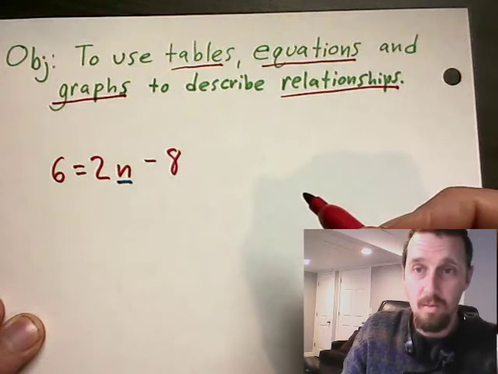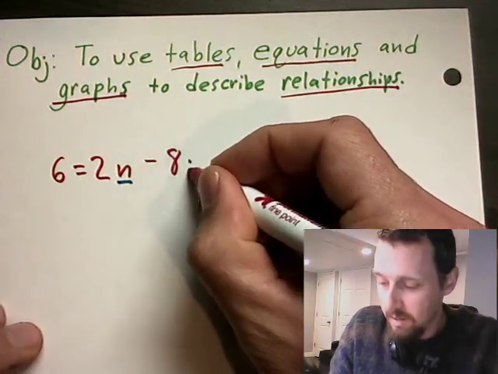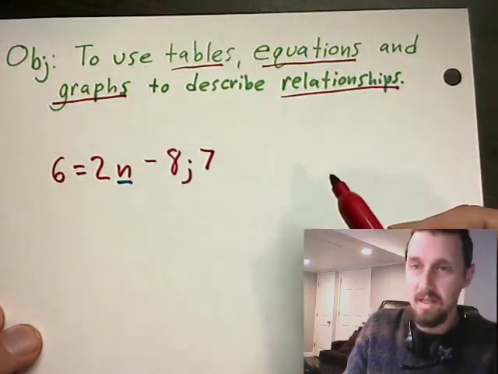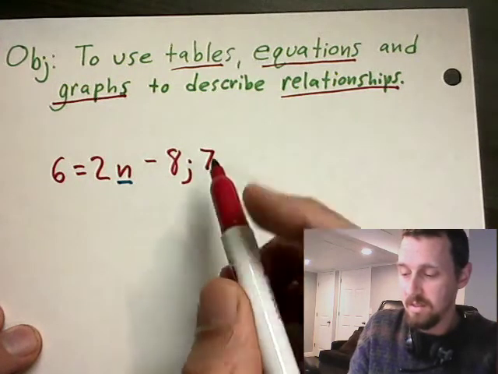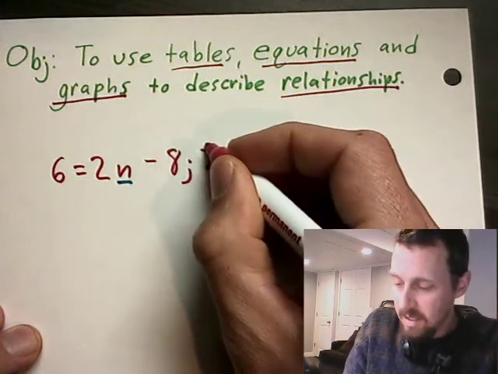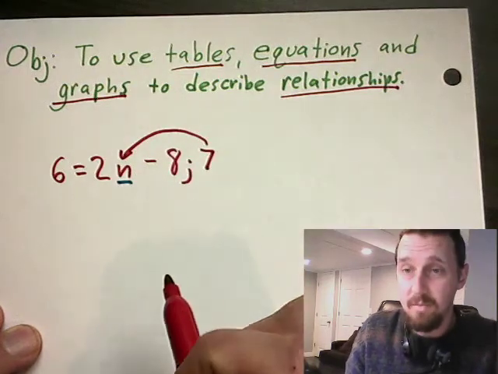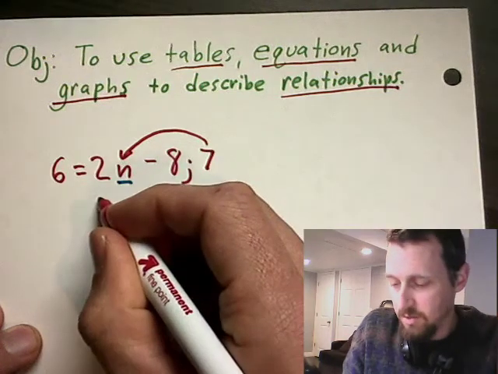And one of the things you were doing is evaluating this when, for example, we had a 7 here. And then the question would be, is this true? The 7 here means that I'm going to plop the 7 in for n, and evaluate this equation and say, is it true or not? I'll just do that really quickly.